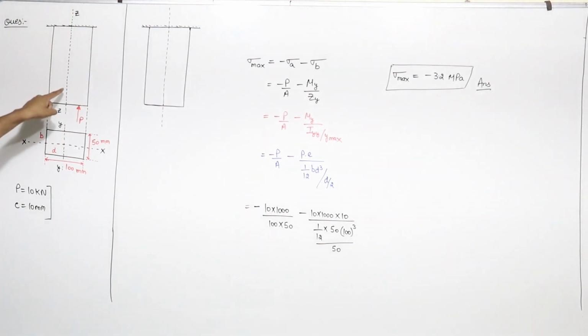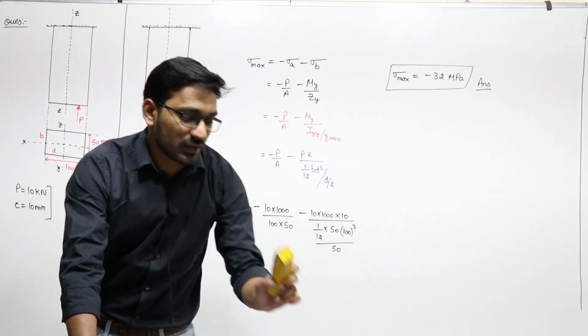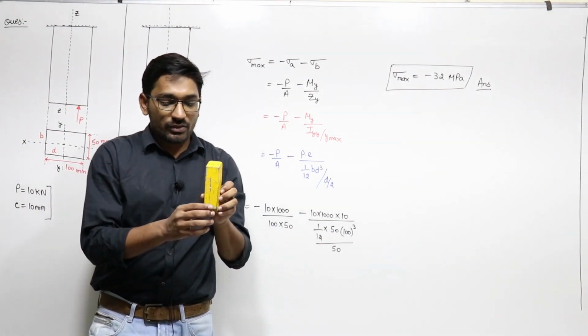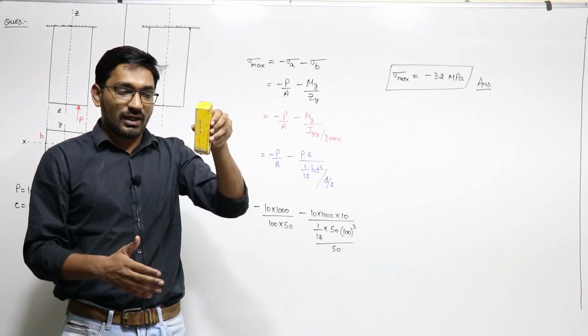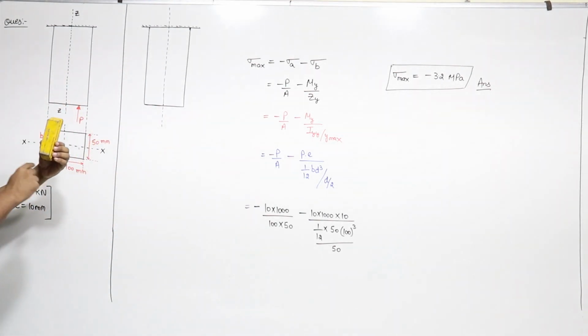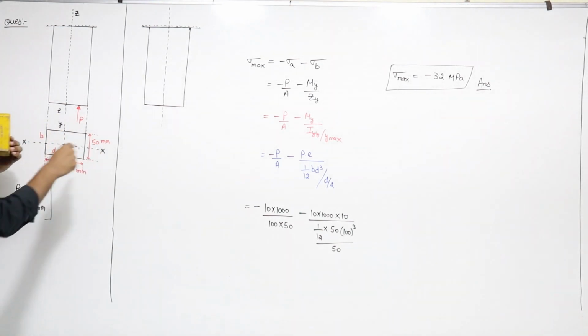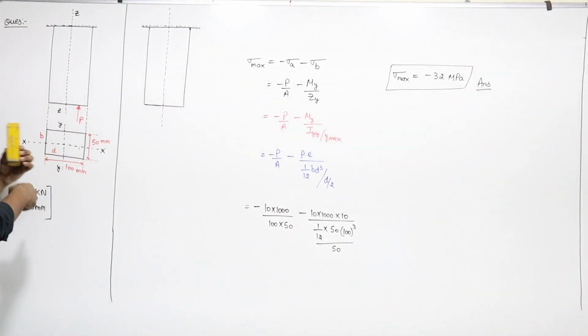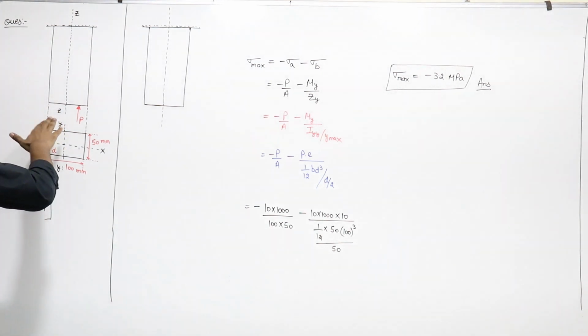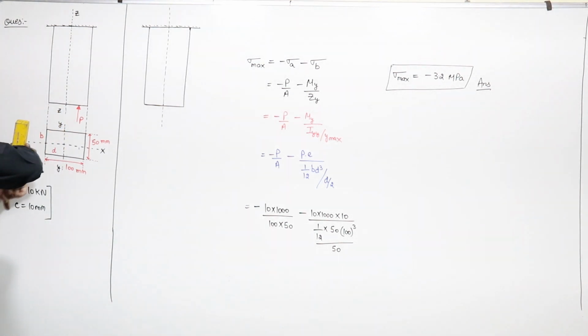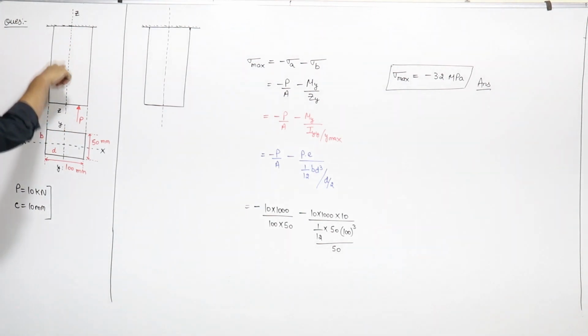This load is an eccentric axial load, because if you see, this is the member, and this is the longitudinal axis. Suppose this is the member, right? So this is the cross section. In the cross section, this is the x-axis, this is the y-axis, and this one is the z-axis.